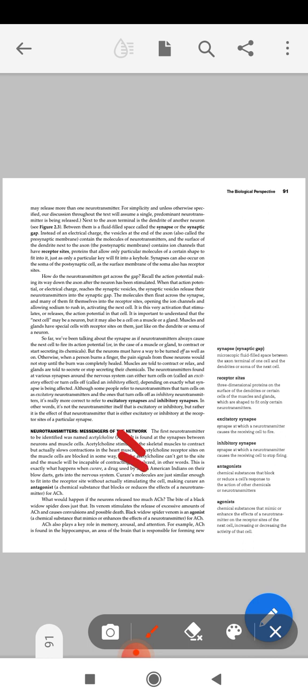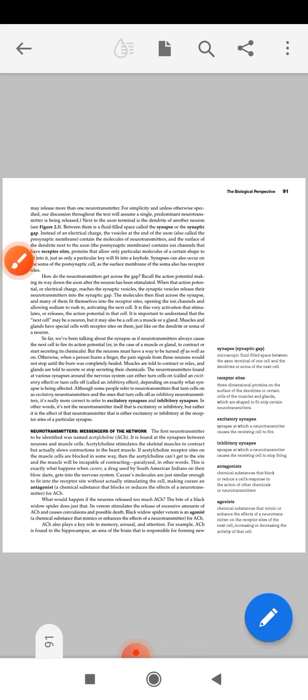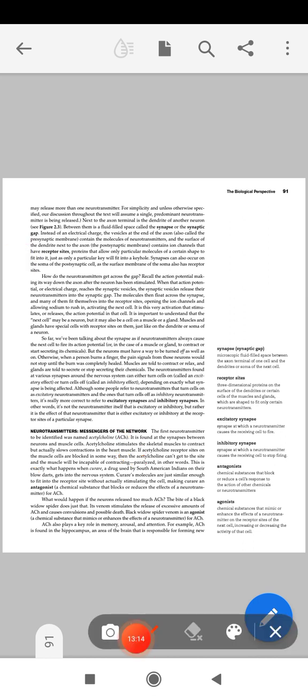This is exactly what happens when curare, a drug used by American Indians on their blow darts, gets into the nervous system. Curare molecules are just similar enough to fit into the receptor site without actually stimulating the cell, making curare an antagonist, a chemical substance that blocks or reduces the effect of a neurotransmitter.